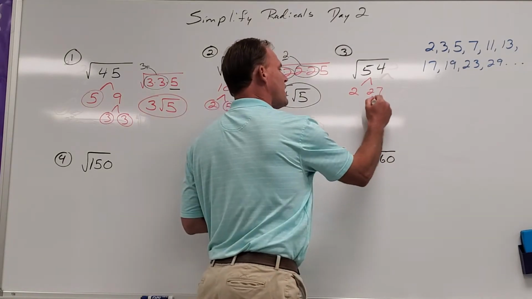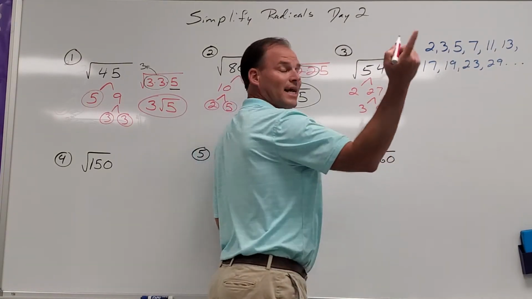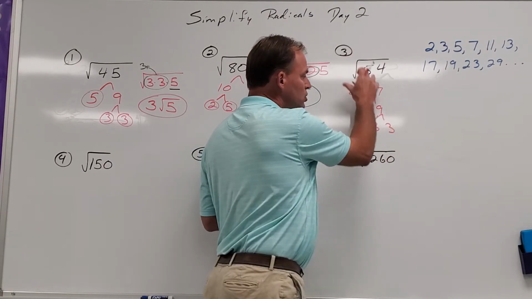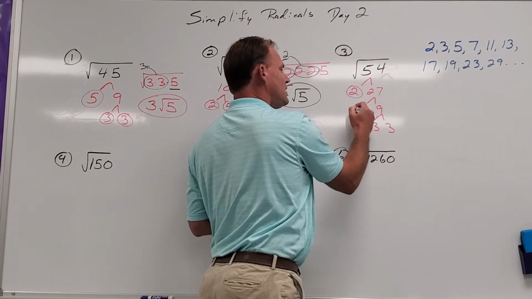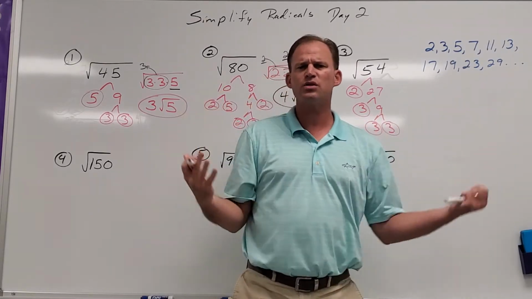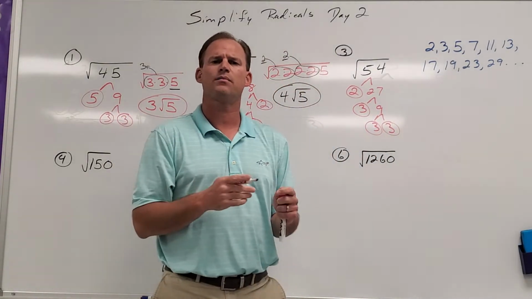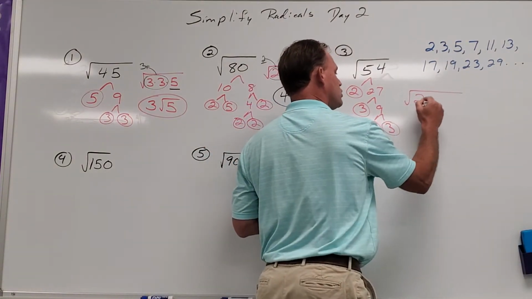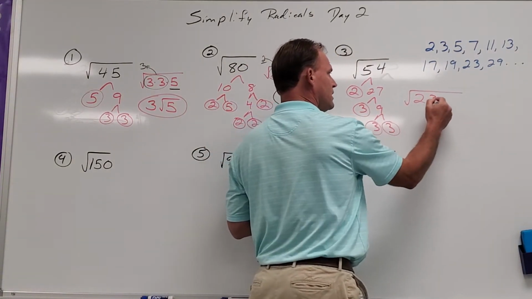That's 9, so that worked. 3 and 9. 9, I know, I've seen that a bunch of times. That's 3 and 3. So here, I didn't know any big numbers off the top of my head, so you just pick small numbers until you find something that works. So inside this radical, I've got a 2 and 3 3's.